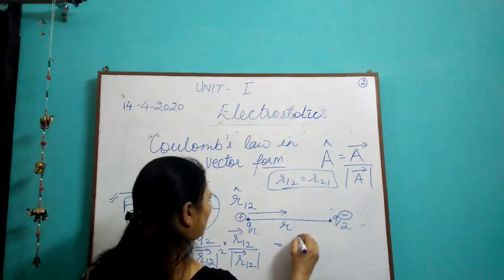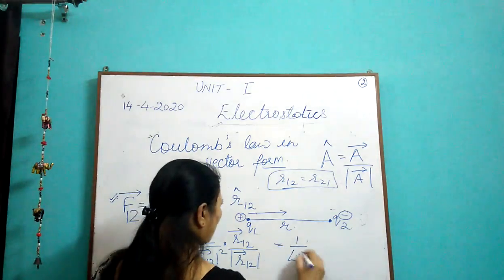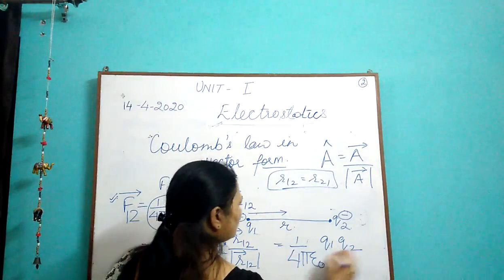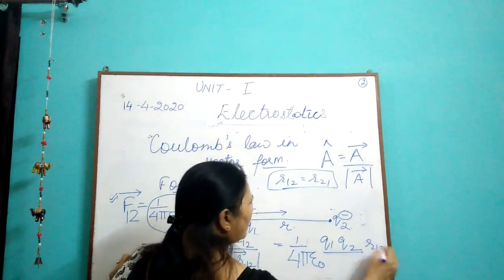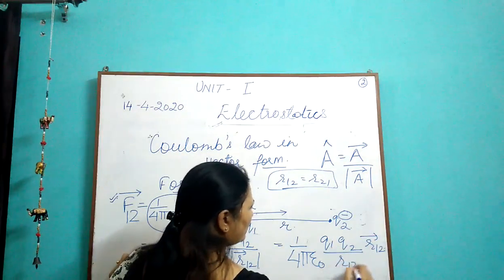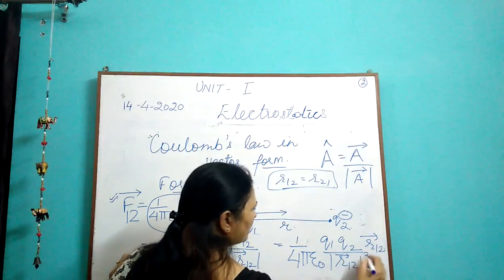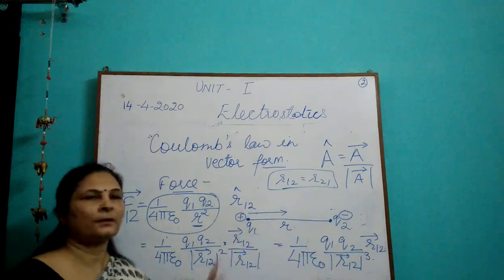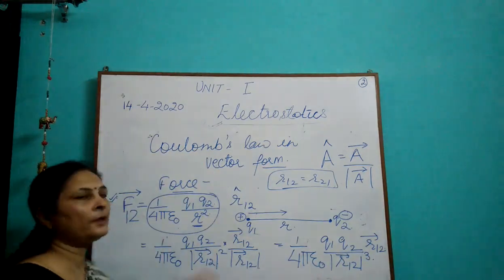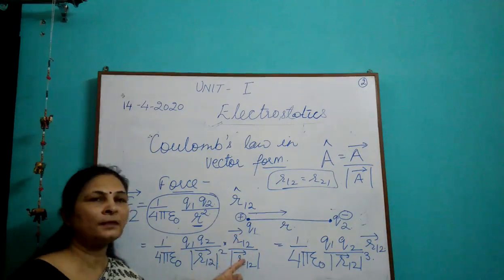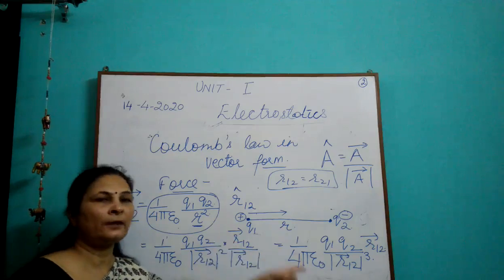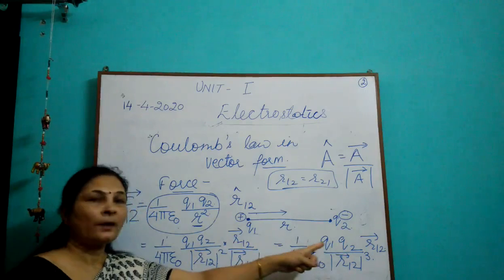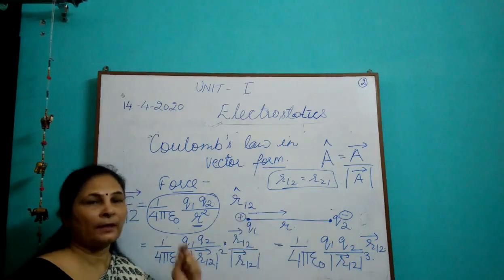And this can be written as 1 by 4 pi epsilon naught Q1 Q2 R12 vector divided by the cube of the magnitude of R12. So what is the significance of this? The significance is we can always find out the direction. Now, this is in simple vector form.